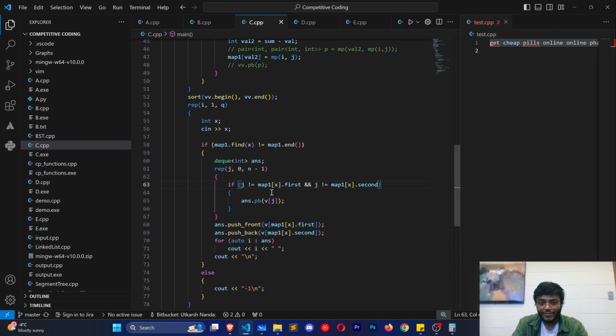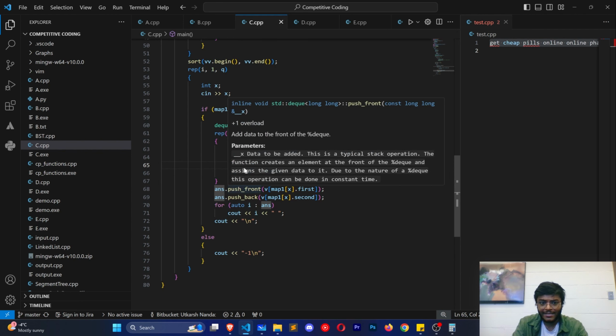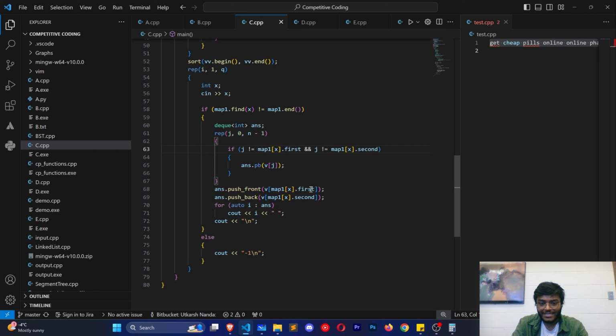If it is not any of these, we add that particular value from the vector to our answer. And then we push the two values that we only want once in our series. So we push one value in the front and we push one value at the back of the deque, right?